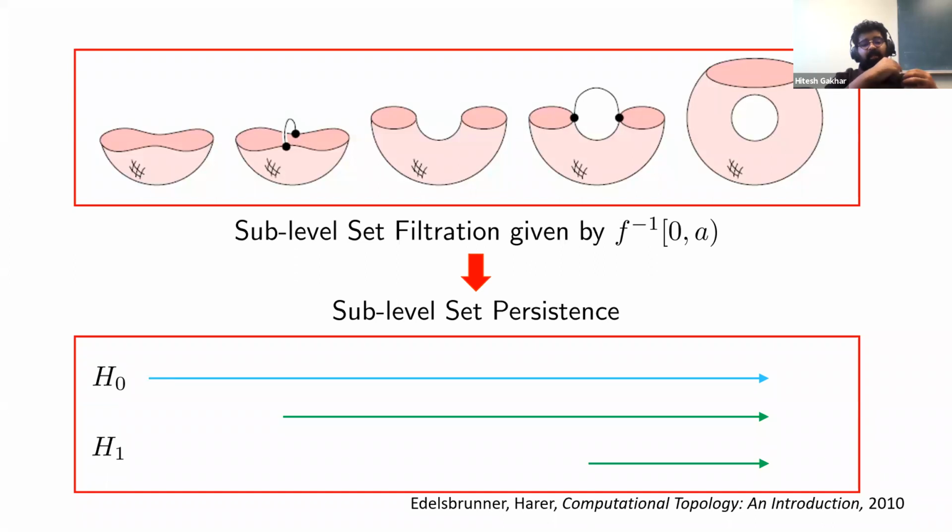This is where you get your first loop, your first homological activity in dimension one. You keep growing until you hit the top of the inner circle in this donut, and you get another loop, and this is where your second bar appears. So the idea of filtrations and persistence is common across all notions of filtrations and persistence.